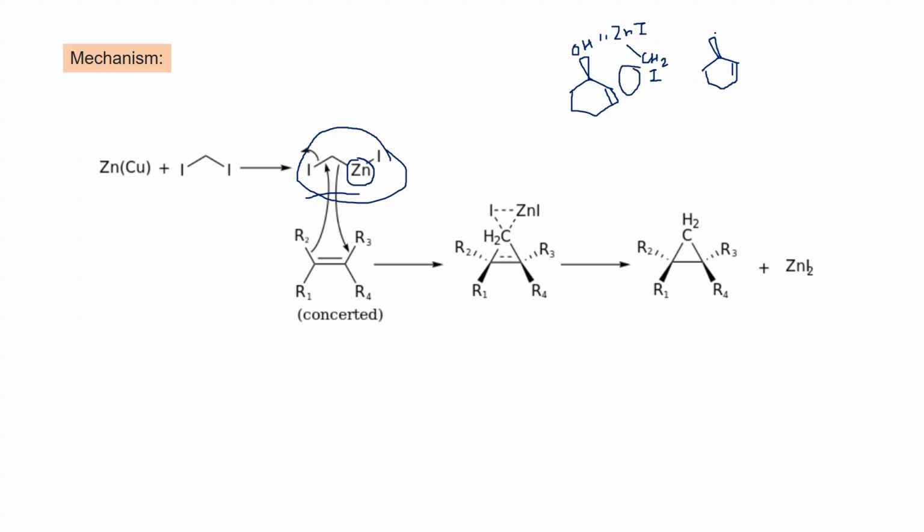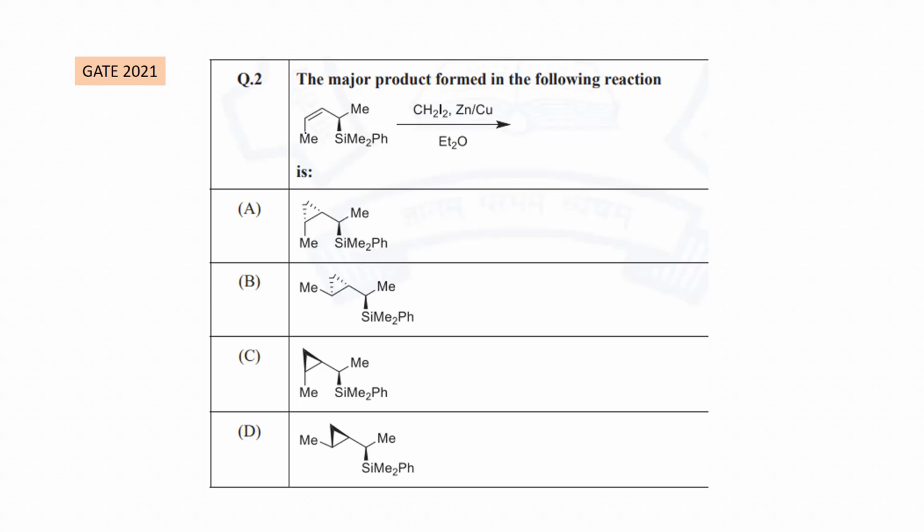But in this case, when there is no coordinating atom but a steric hindrance, it is not giving any chelation. In that case, the zinc reagent will come from the face opposite to the sterically hindered group. Here you can see there is silicon.